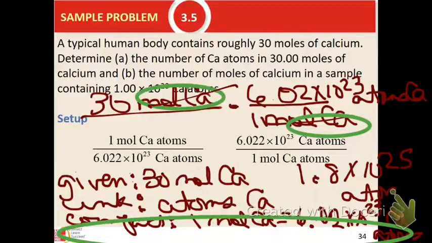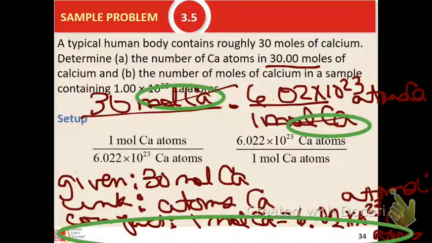Now, please notice of CA, I was careful with my significant digits. Okay? Oh, this one has, I'm going to go back then. My given here, it says, is 30.0000, so I have 4 sig figs. So I'm able to put 1.806.